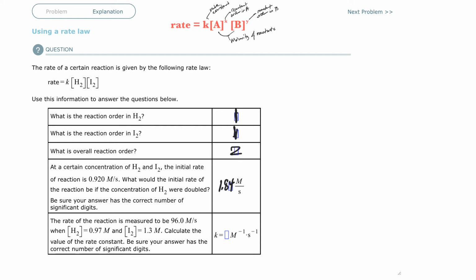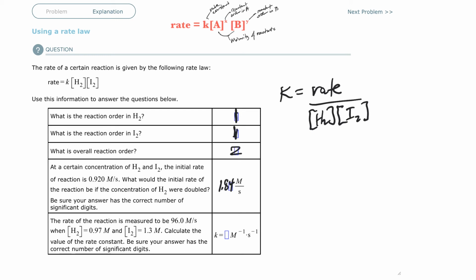So now look back up here. Here's your rate law: rate equals K, H2, I2, all to the 1 power. So let's solve for K. K will be equal to the rate, and then I'm going to divide by the molarity of the hydrogen to the 1 power, and then also the iodine to the 1 power. So just start filling in.